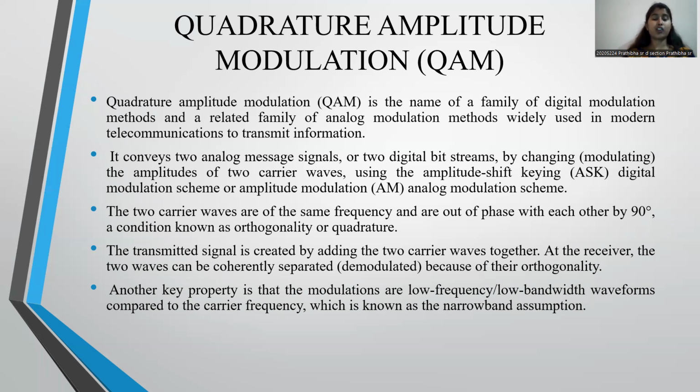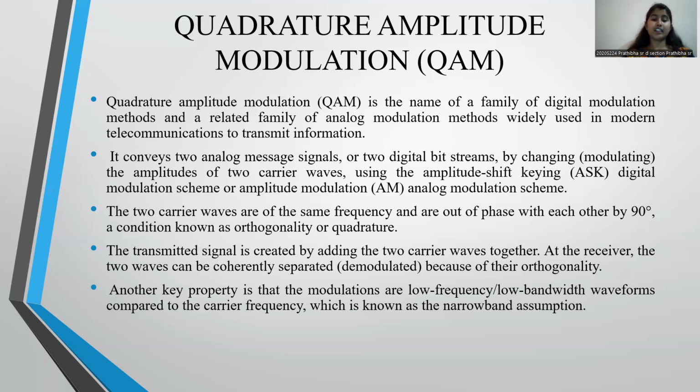It conveys two analog message signals or two digital bit streams by changing or modulating the amplitudes of two carrier waves using the amplitude shift keying digital modulation scheme or amplitude modulation analog modulation scheme. The two carrier waves are of the same frequency and are out of phase with each other by 90 degrees, a condition known as orthogonality or quadrature.